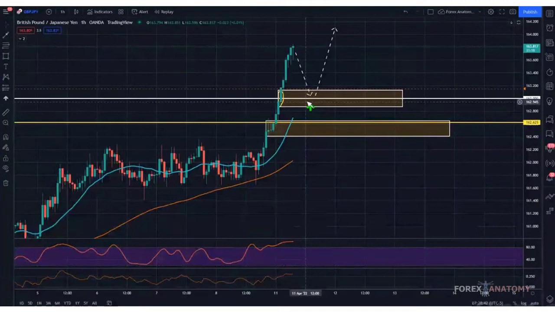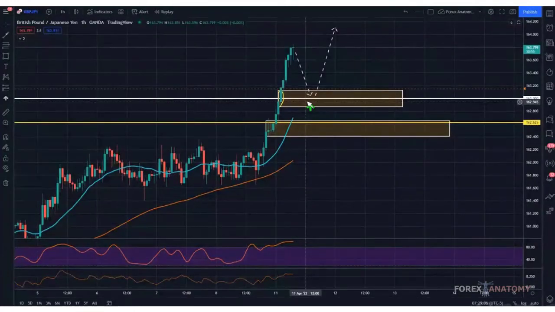We want price to tell us or give us a hint that, hey, momentum is shifting. We should look for price to push to the upside. And the hope is that we'll see this momentum shift soon, because as you can see, this move to the upside in pound yen is pretty parabolic. It's really steep.